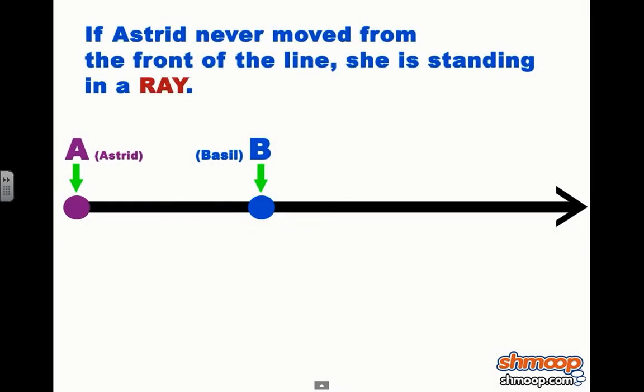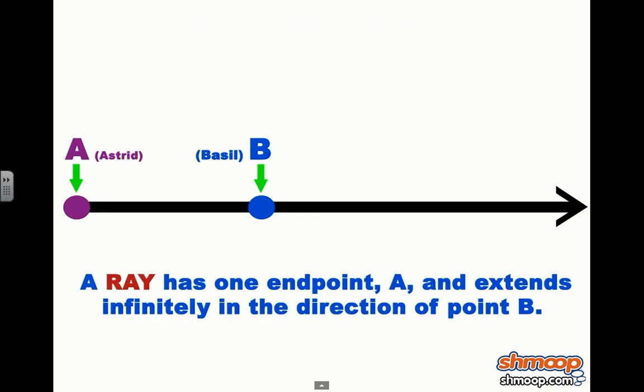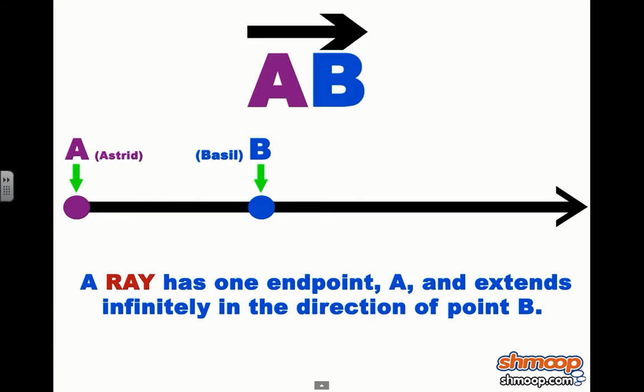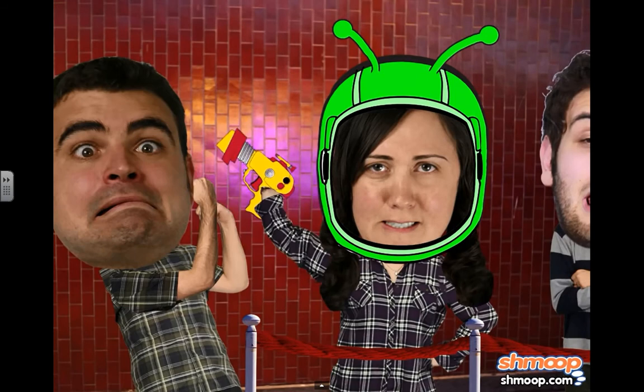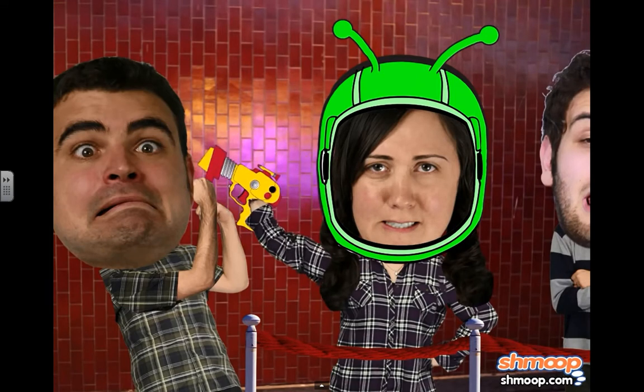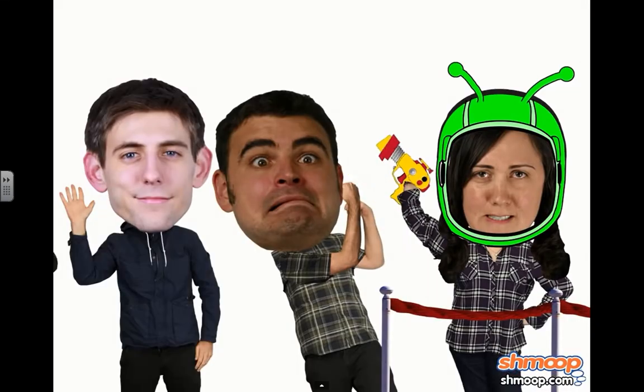If Astrid never moved from the front of the line, we would say she's standing in a ray. It has one endpoint, A, and extends infinitely in the direction of point B. So we would call it ray AB. Now imagine someone cuts in front of Astrid while she's distracted. And while she was busy arguing with that person, another person cut in front of them, and so on.